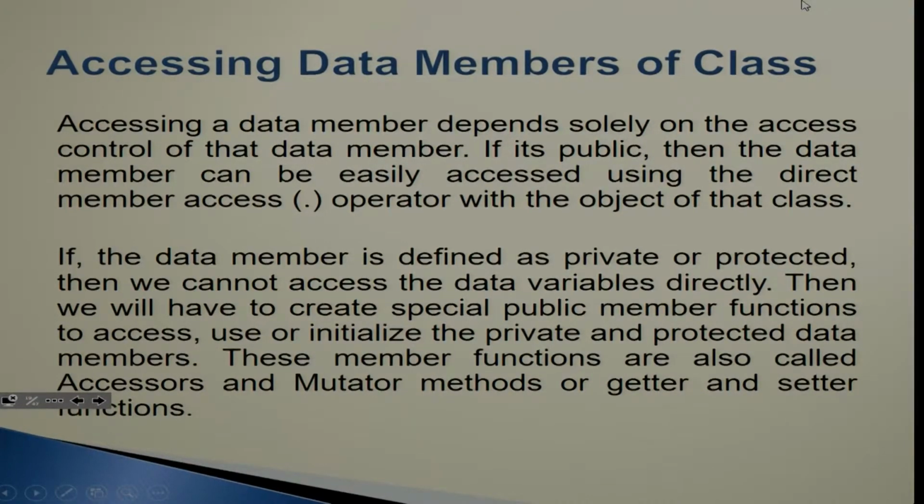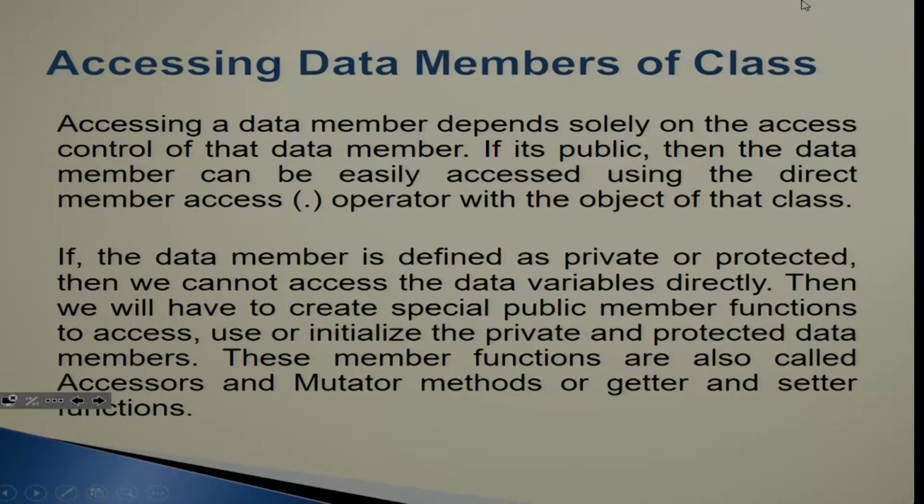Now we come to accessing the data member of a class. Like the example I just showed you now from NetBeans. Do you guys see? That's why we say accessing a data member depends solely on the access control of that data member. If it is public, then the data member can be accessed using direct member access, a dot, right?